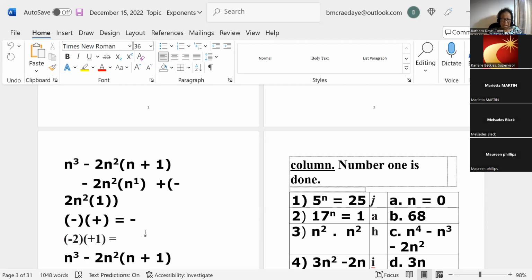It's 2. That's right. So a minus 2 times 1 is also 2, but what would be the sign on the 2?